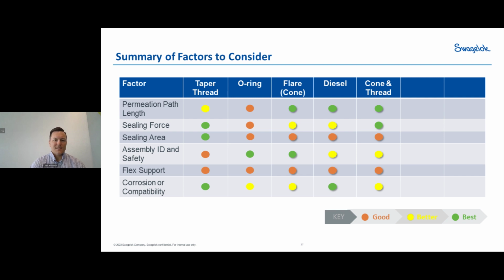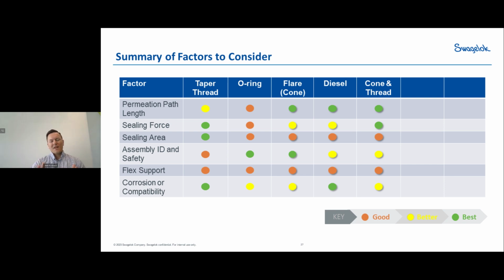There is difficulty of assembly, particularly with diesel and cone and thread, because they are manipulated ends, so there's some special equipment and training required. None of these fittings that we've talked about so far have great flex support, so they are going to be susceptible to vibration in those kinds of applications. And cone and thread and flare with the weep holes can certainly pose an issue for corrosion if you're using them in an area where that can be a problem.